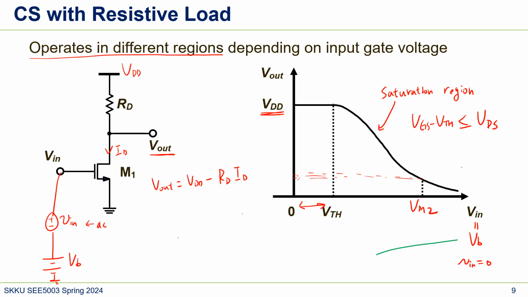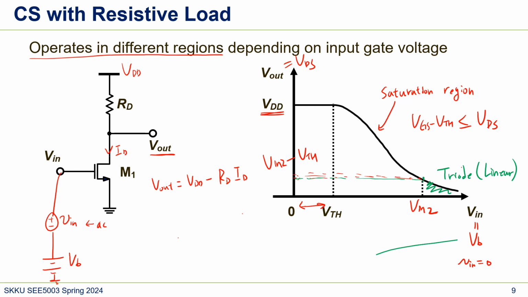Do you know what this voltage is? This will be V in 2 minus VTH, because the output is VDS. And so after here, this area becomes the triode or linear region, right? Does it make sense?